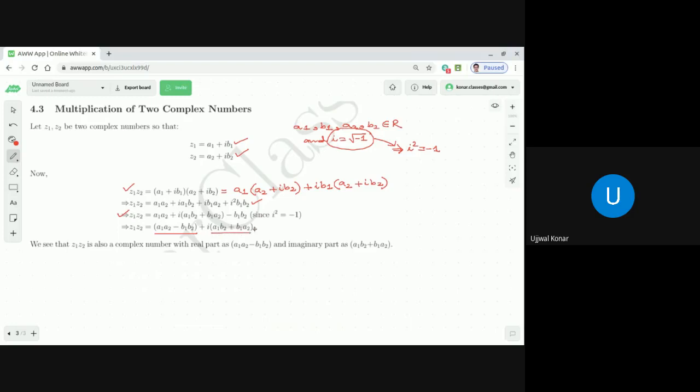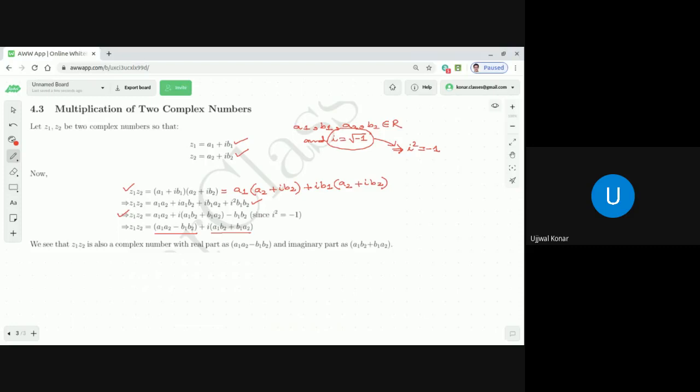So what we see, dear students, is that if Z1 and Z2 are two complex numbers, then Z1 into Z2 is also a complex number with real part A1 A2 minus B1 B2 and imaginary part A1 B2 plus B1 A2. Okay, so this is the way we perform the multiplication of two complex numbers.